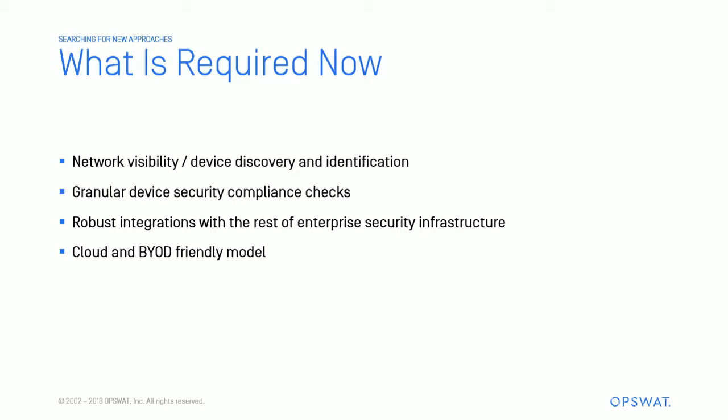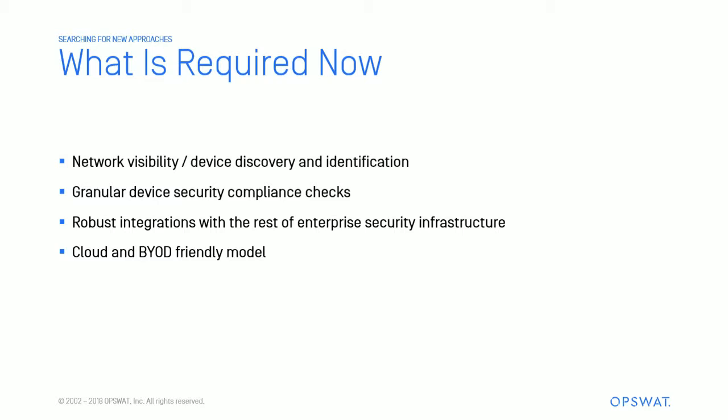So now, having reviewed some of these general approaches, let's summarize the requirements as we see them. First of all, you need to have visibility into the network, the ability to discover each device and to identify it.